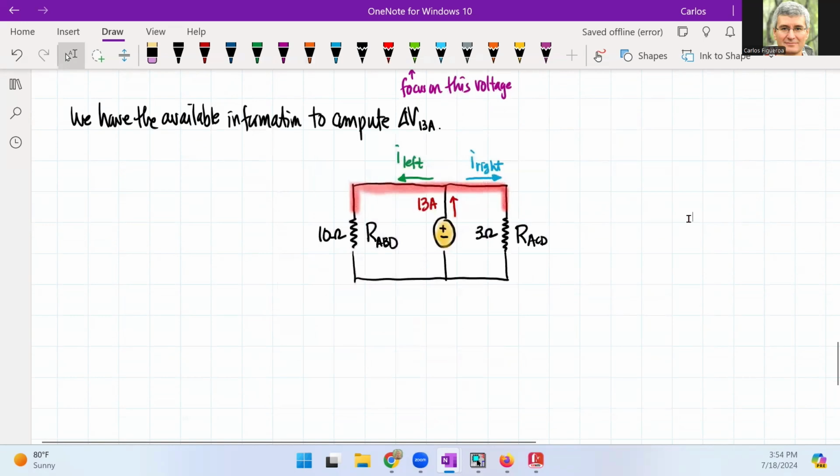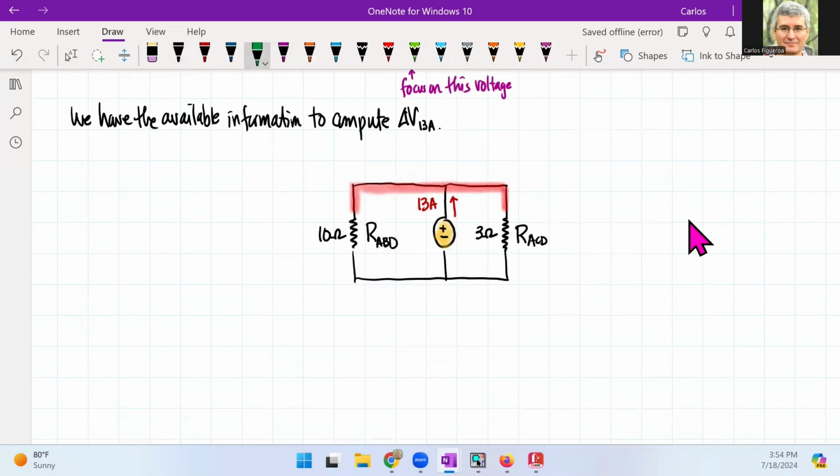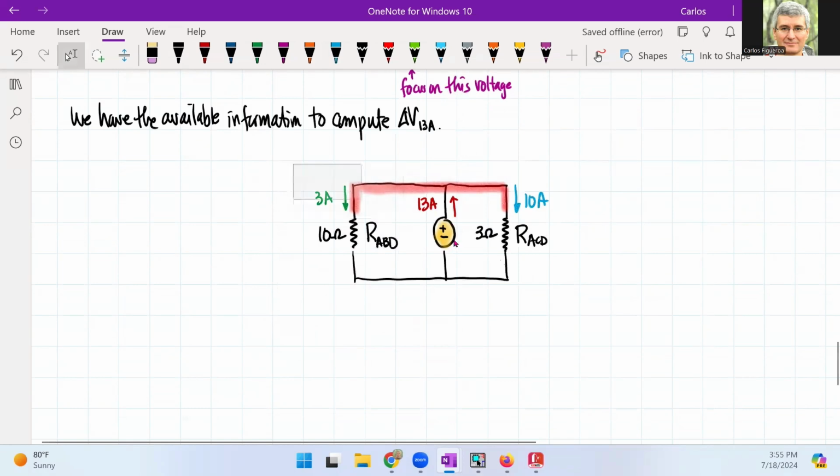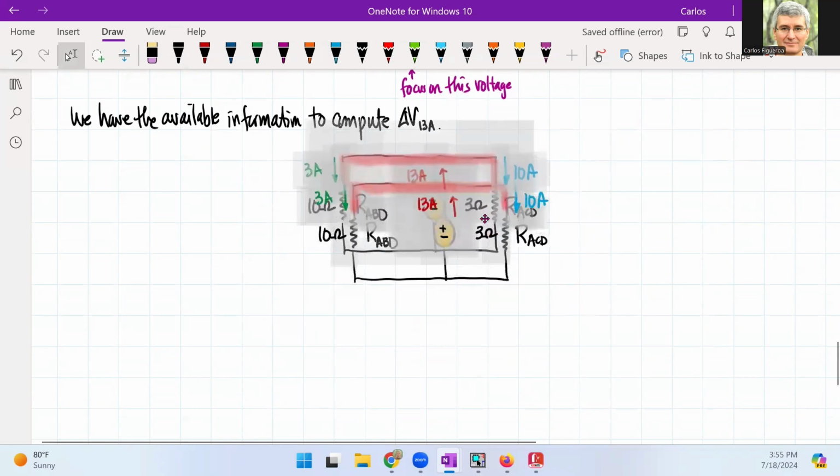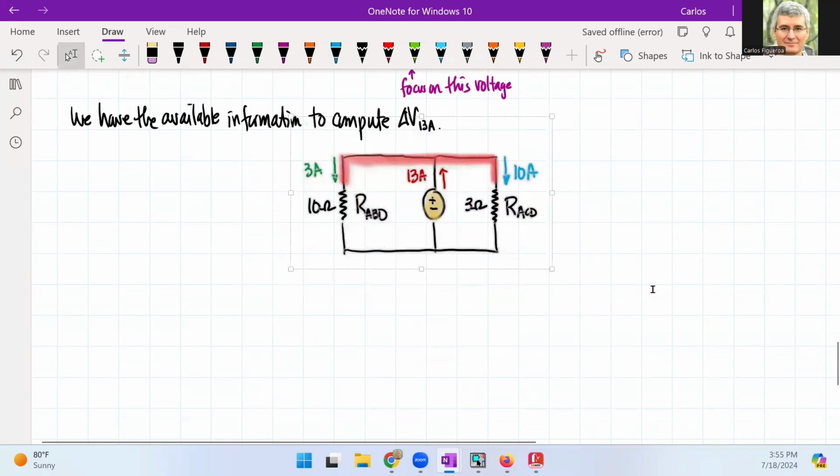We don't care about these currents, because we've already computed them. What we know here is that in this branch we had 3 amps, and in this branch we had 10 amps. Just by using Ohm's law, we can clearly see that we know what the voltage is of one of the branches.